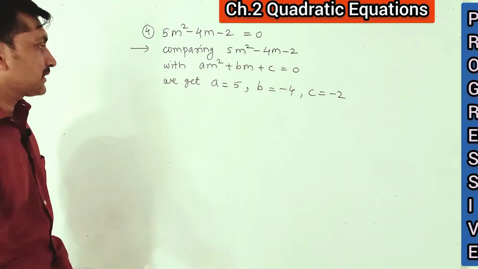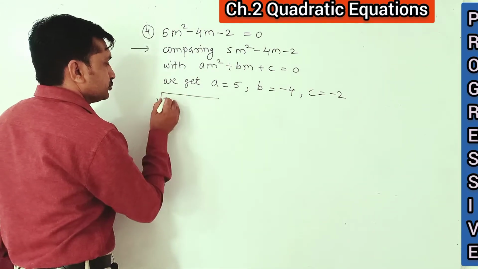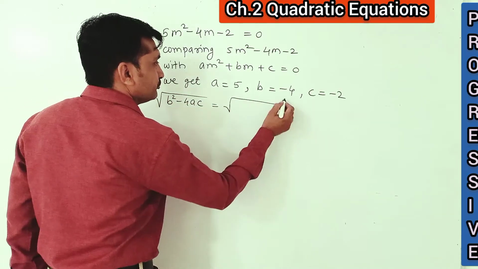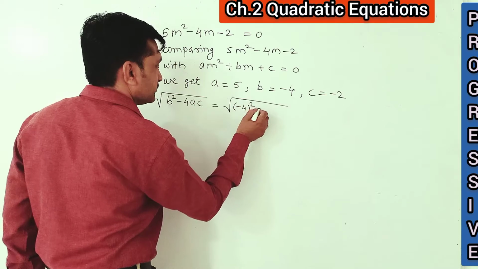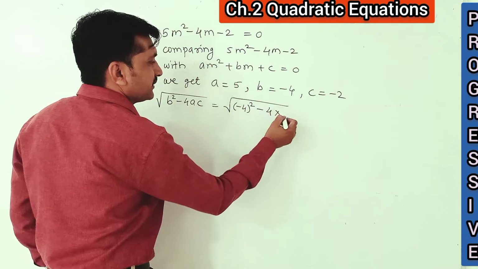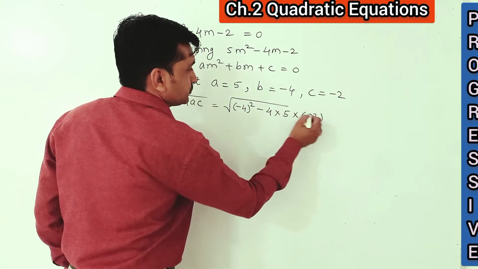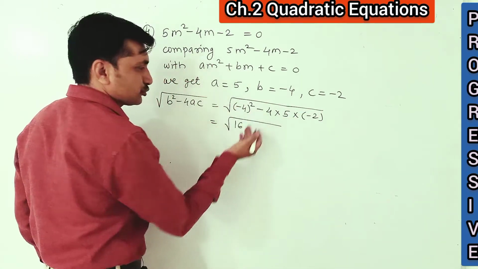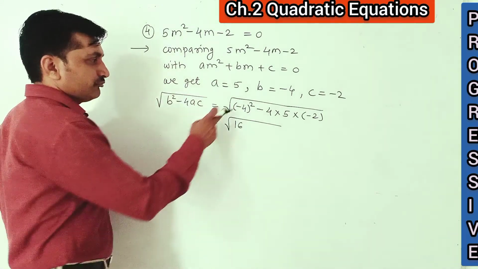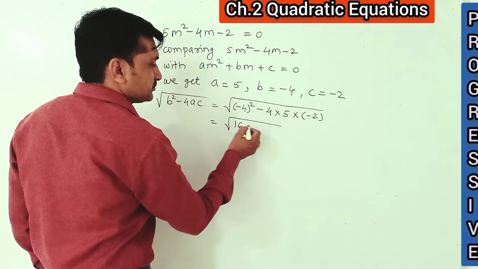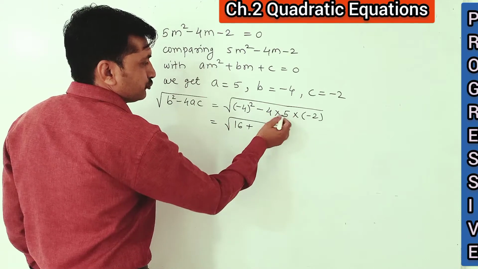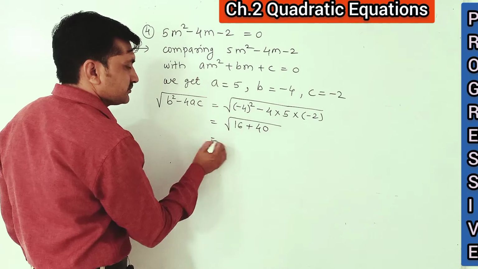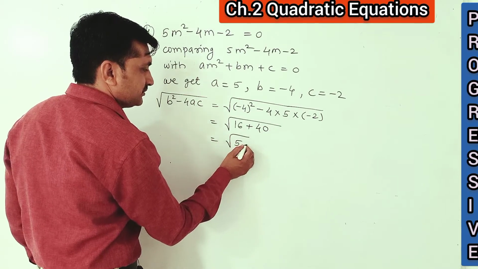ABC values. After that root value b square minus 4ac, square root of b value minus 4 bracket square minus 4 multiplied by a value 5, c value minus 2 is equal to square root of minus 4 square is 16, here minus minus plus, here product 4 5s are 20, 20 2s are 40, is equal to, what do we get here? 56.